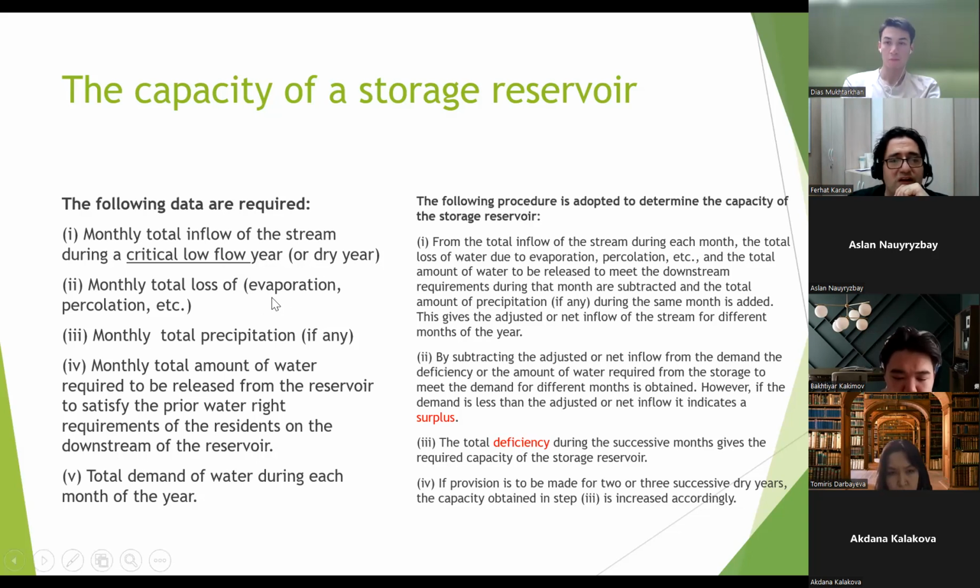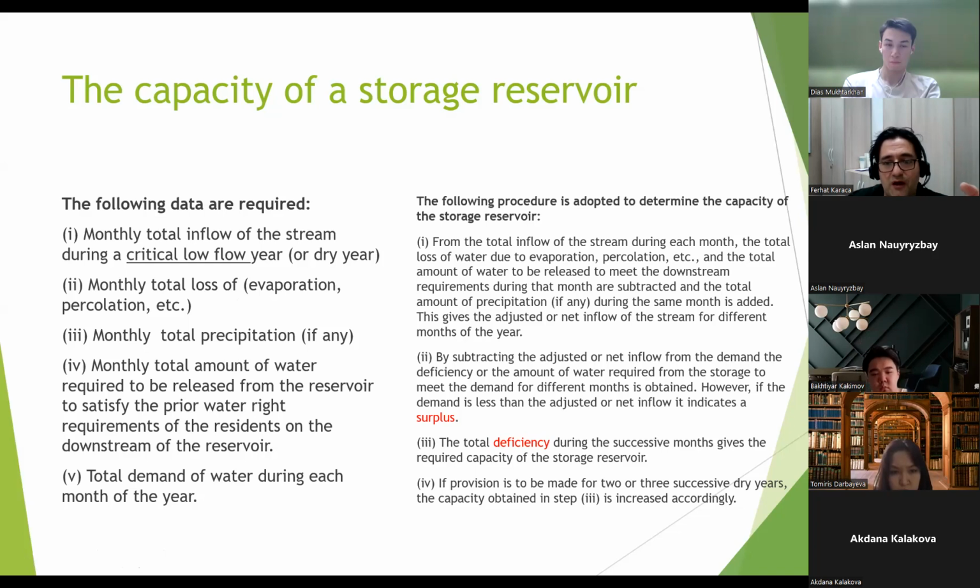And also you need data for evaporation and percolation and other things, on a monthly basis, for the losses. You also need data for inputs like precipitation data. And you need other information on how much water is required in the region.